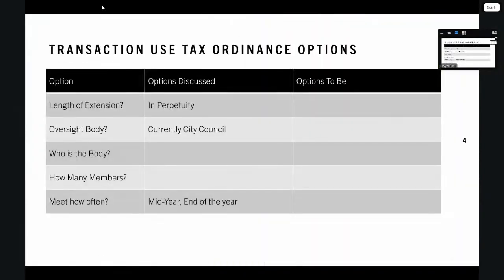So, transaction use tax ordinance options. Some of the things the council has the opportunity to discuss and decide upon are the length of the extension. What we talked about in the past is in perpetuity. I have mentioned at other meetings that there are cities that have put forth a tax measure for a period of 7 years, 10 years, because Amazon's coming, Target's coming, they're going to bring in this massive revenue influx.